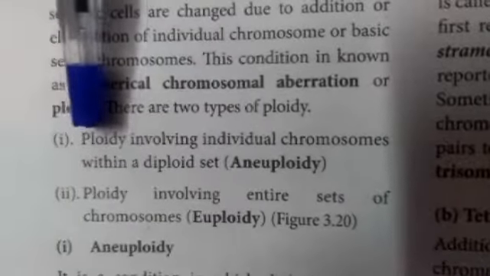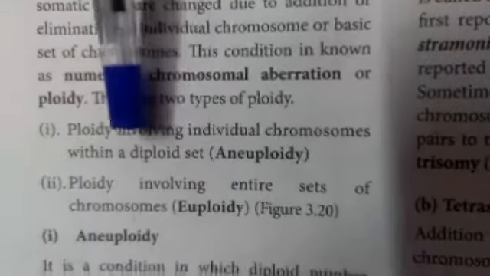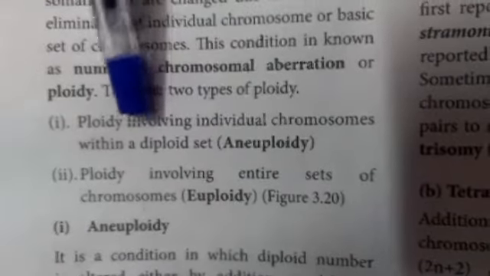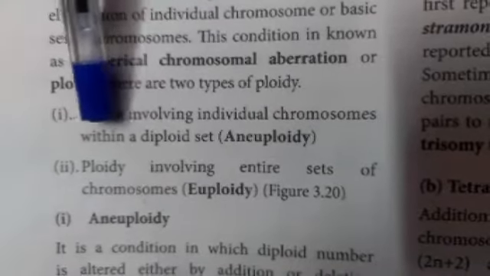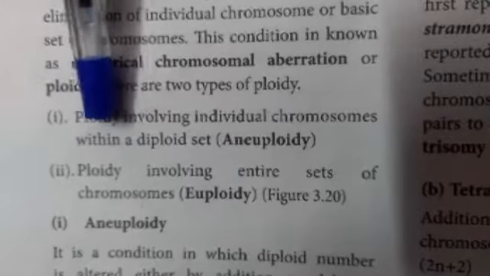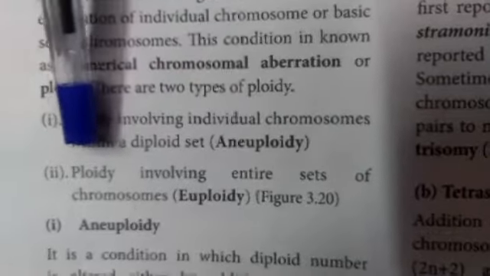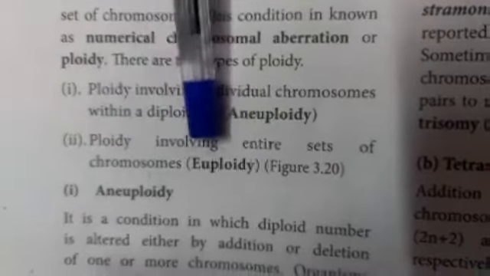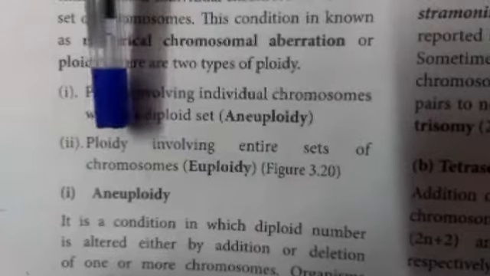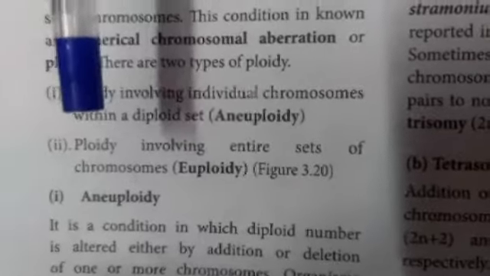Aneuploidy means ploidy involving individual chromosomes within a diploid set. If the diploid set of rice is 24, and one chromosome is added to the diploid set, 24 plus 1, that is 25 chromosomes, it is due to aneuploidy. Ploidy involving the entire set of chromosomes is called euploidy. Suppose the diploid number of chromosomes in rice is 24.